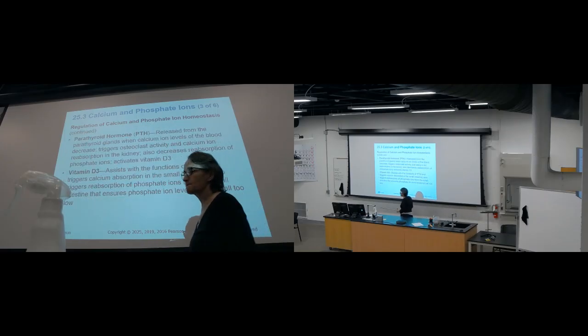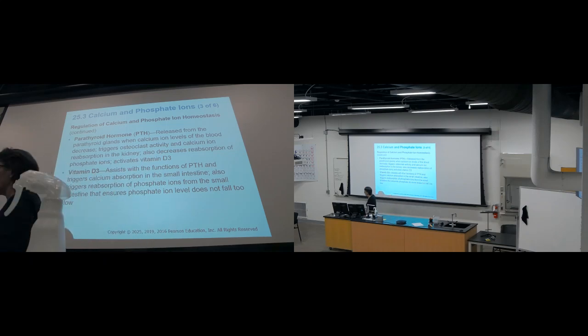And then more ions will be reabsorbed from the filtrate in the distal tubules and the collecting system when you have vitamin D. Phosphate ions are not as tightly regulated as calcium, but generally the body maintains a slightly lower concentration than calcium. And sometimes in some events you can have an exchange of calcium for phosphate as you reabsorb calcium.